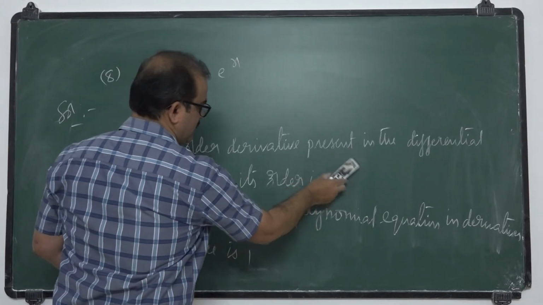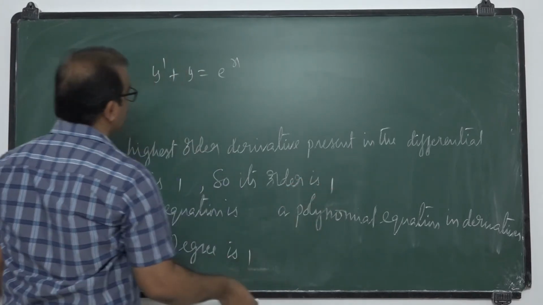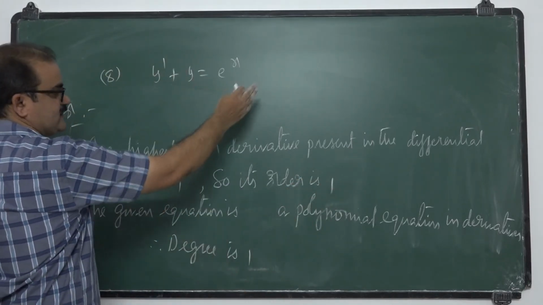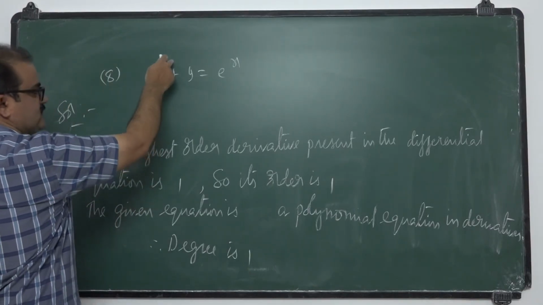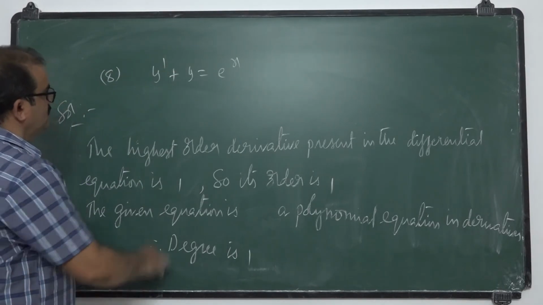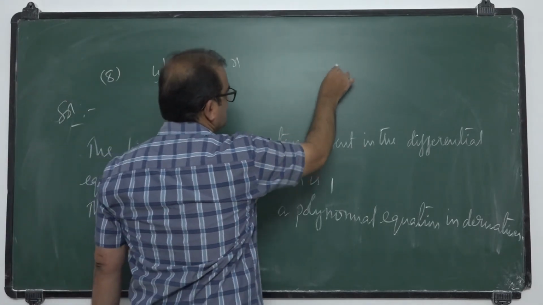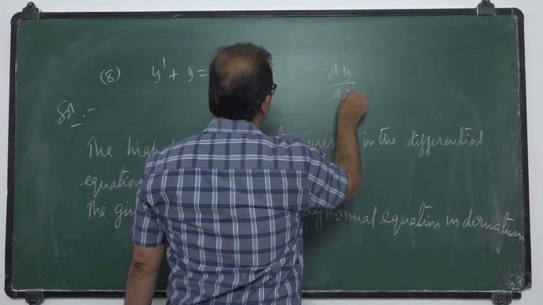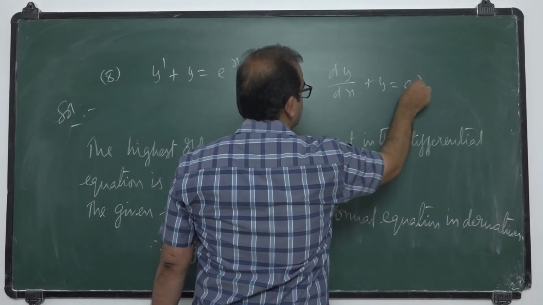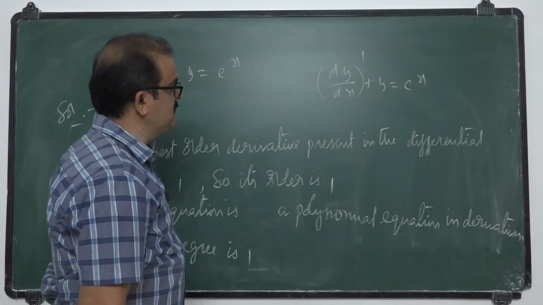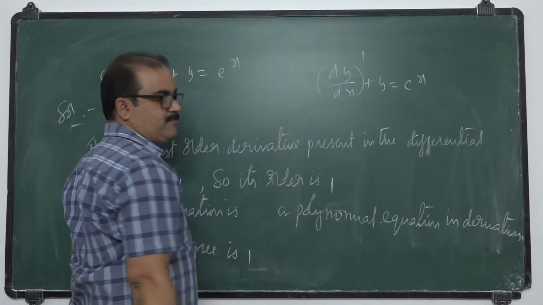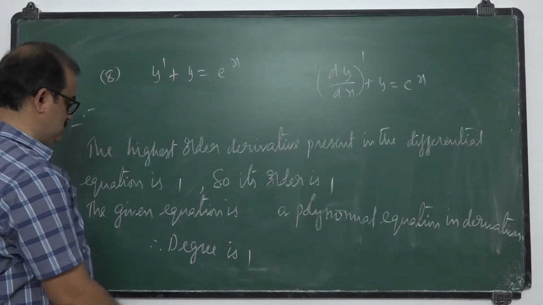So order is 1. And it is a polynomial equation in derivatives. What is the degree of this first derivative? 1. Y dash is taken as dy by dx plus y is equal to e power x. If the degree is not given, generally we take the power as 1. So degree is 1.